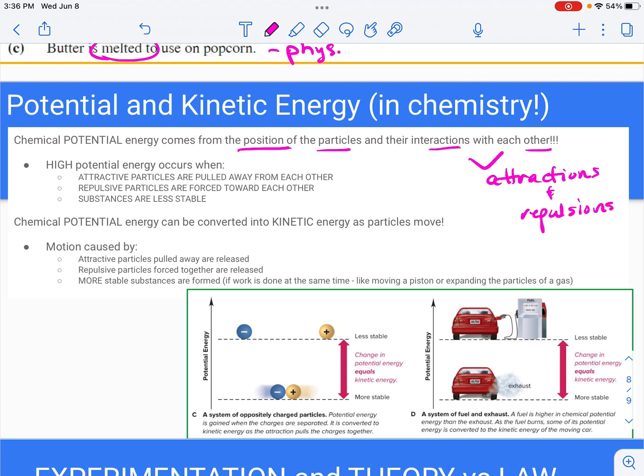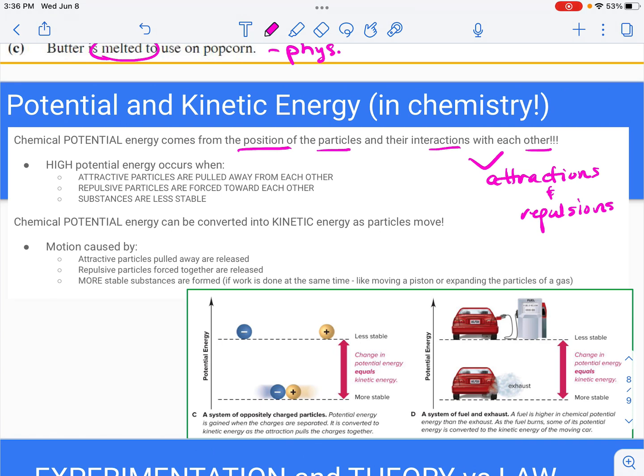But if you have attractive particles that are pulled a little bit away from each other, when you let go, they'll pull back together. That means that they have a high amount of potential energy. The same thing would happen if you have repulsive particles that you force toward each other. As they get closer and closer, it gets harder to force them toward each other. And if you let go, they're going to spring back apart. That would be potential energy.